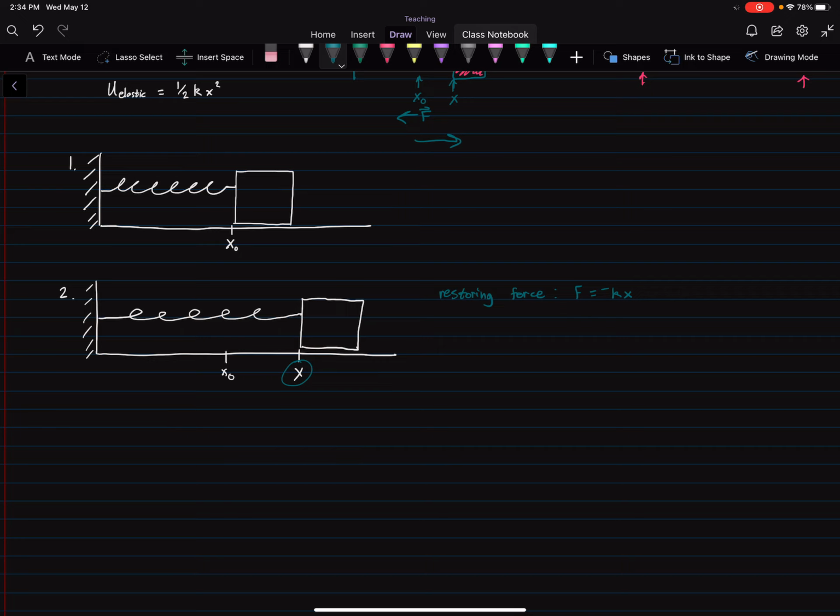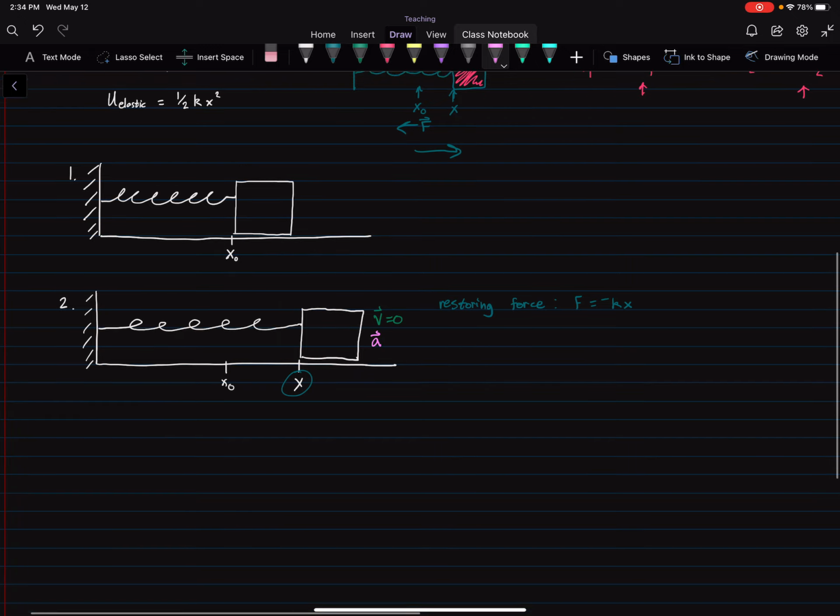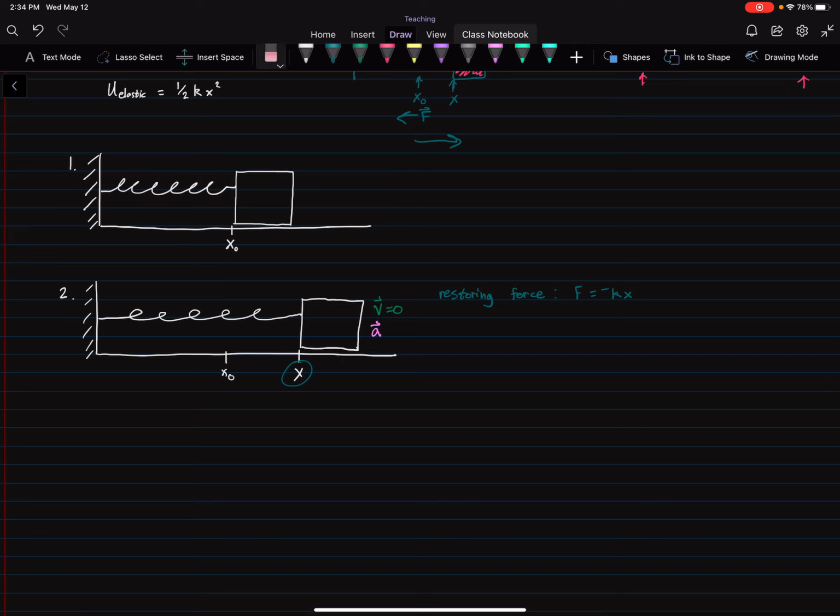If we take this as a snapshot right when we let go, it has no velocity. I'll do velocity in green. So velocity equals 0. Right as we let go, acceleration is present because there's a force and there's a mass. Using F equals ma and the restoring force from Hooke's law, we can write that the acceleration is negative kx over m.